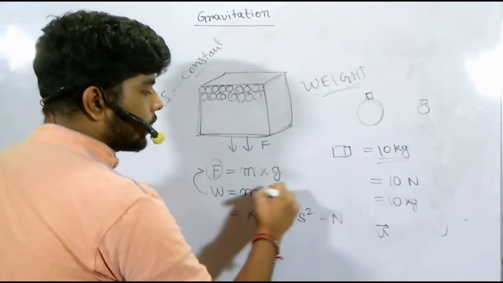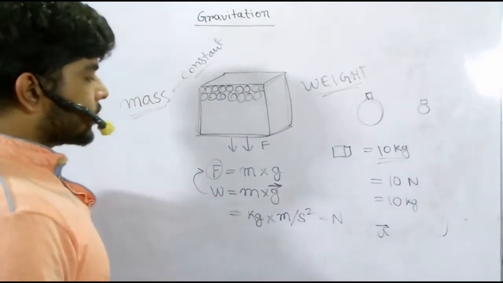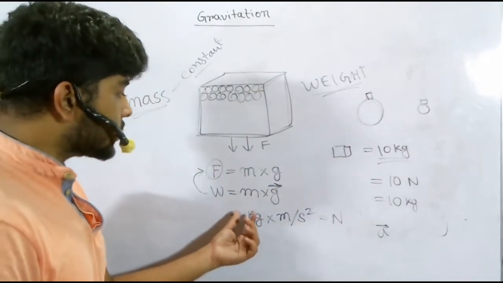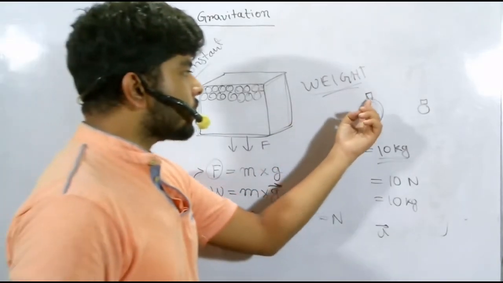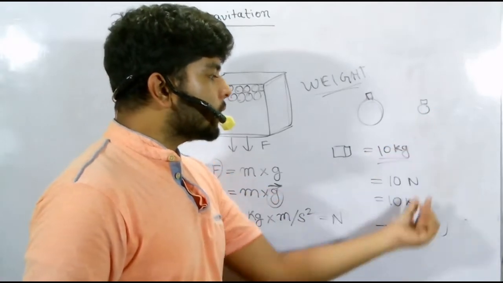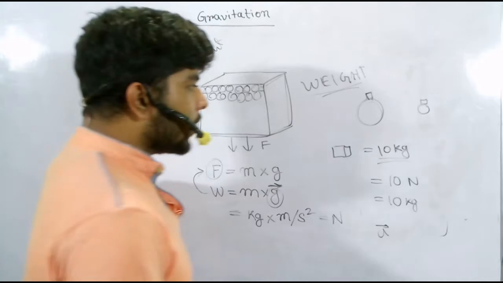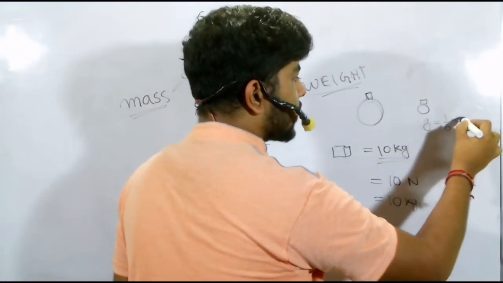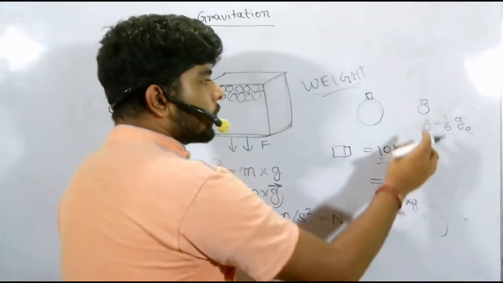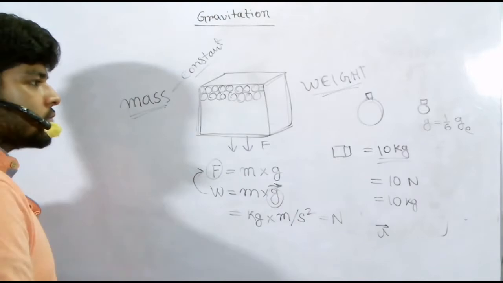That is why weight is also a vector quantity, and it is not constant. If you take this object to the moon, the gravity of the moon is not the same as the earth. The gravity of the moon is 1/6 of the gravity of the earth. So when the acceleration due to gravity changes, the weight also changes.